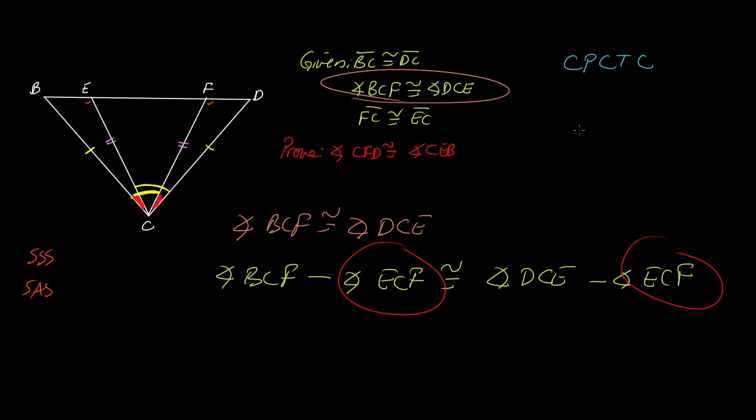Remember, if A is equal to B, then A minus C is equal to B minus C. That's the property of real numbers.